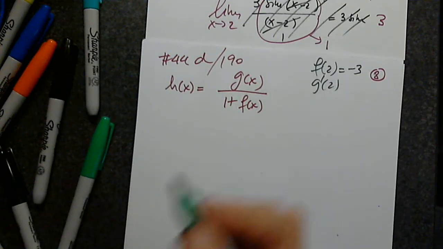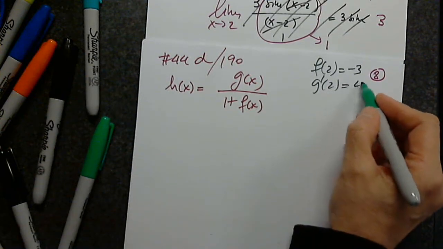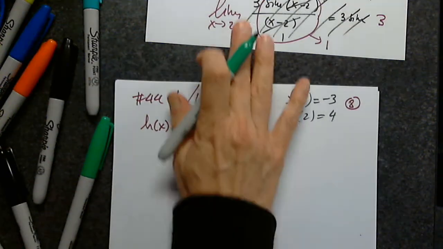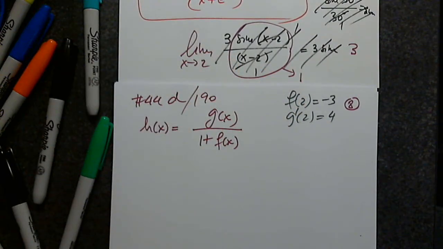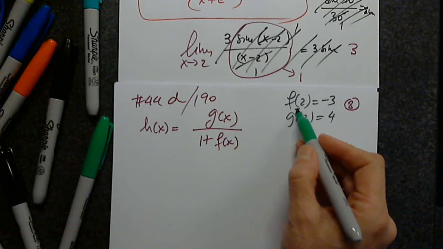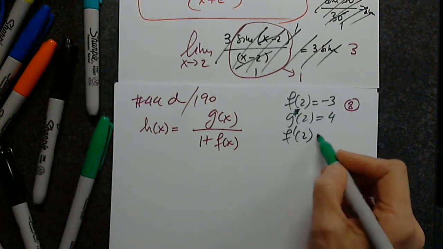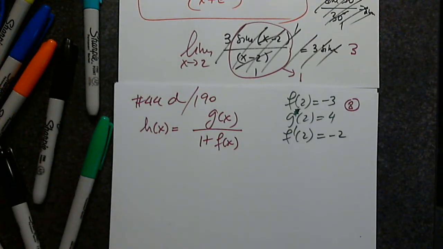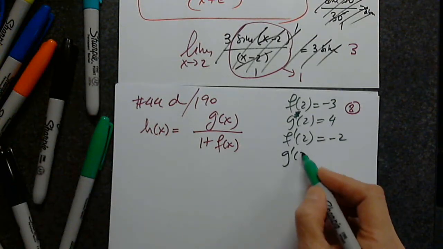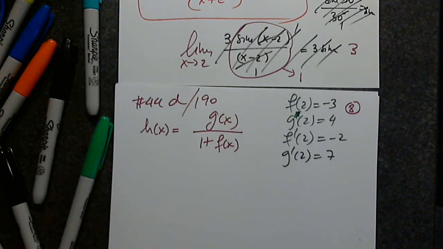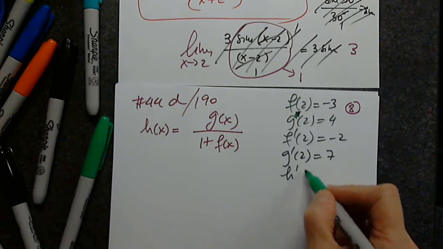G of 2, sorry, I'm sorry, it's g of 2. F prime of 2 is -2, and g prime of 2, they say it's 7. The question was asking us to find h prime of 2.